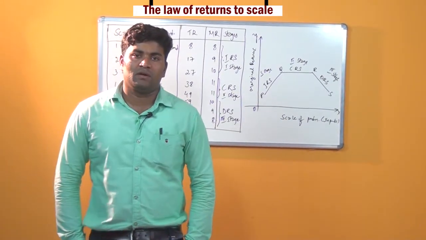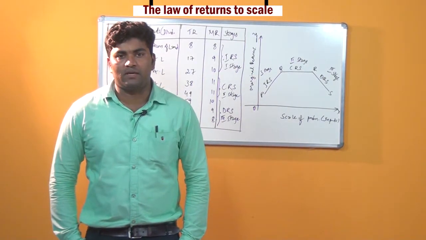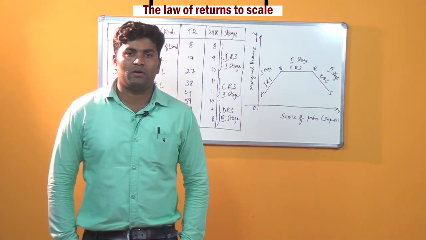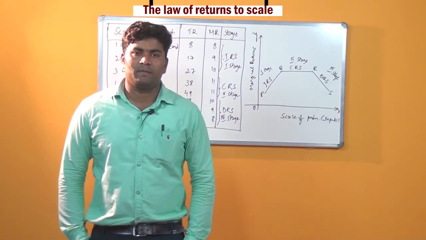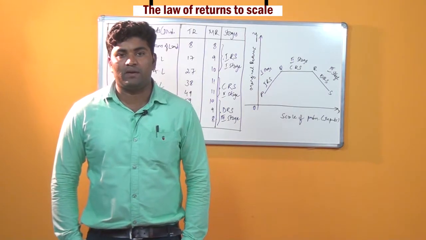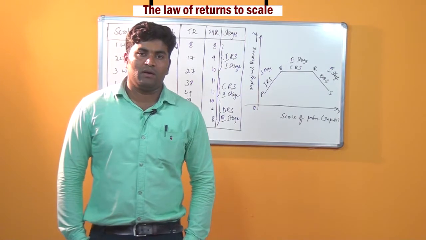My dear friends, after knowing what production is, we shall go for the production function. Production function is nothing but a functional relationship between quantity of inputs and quantity of outputs.